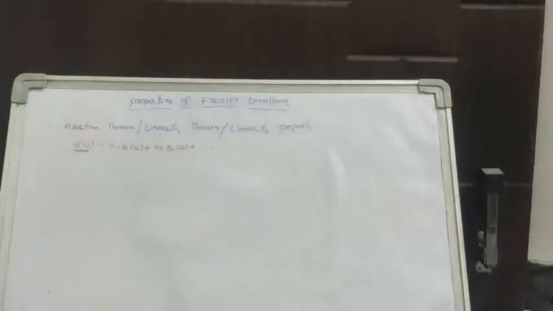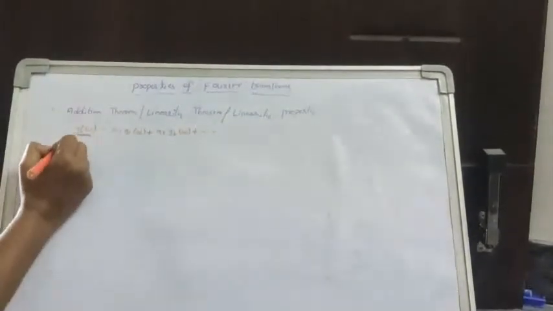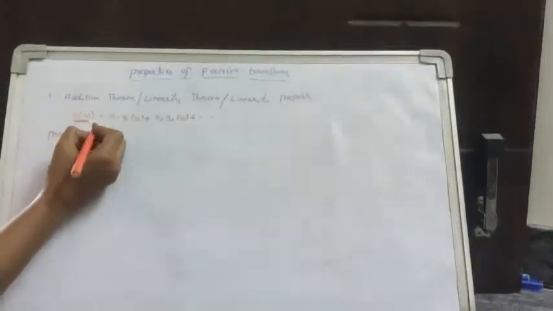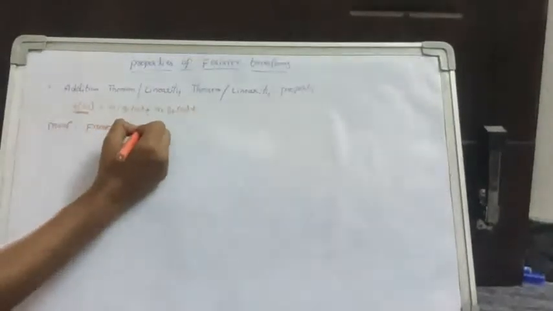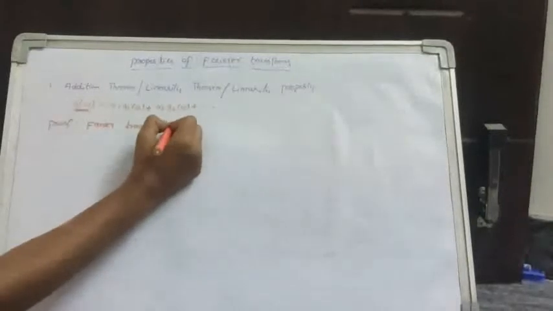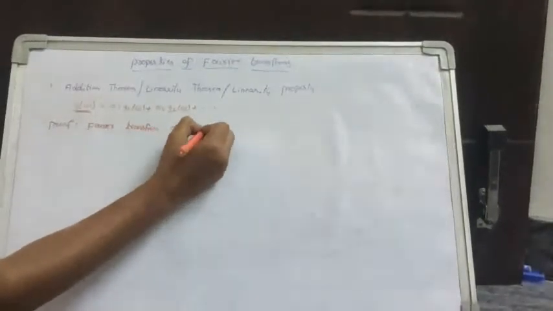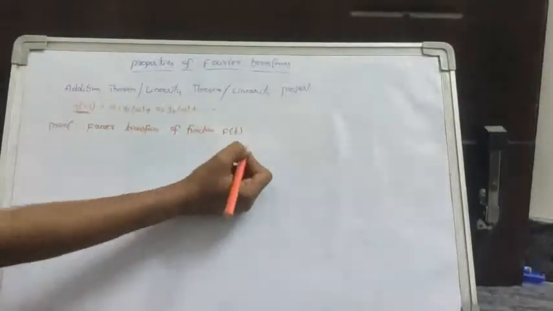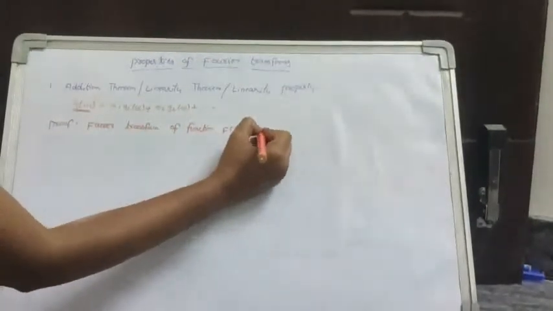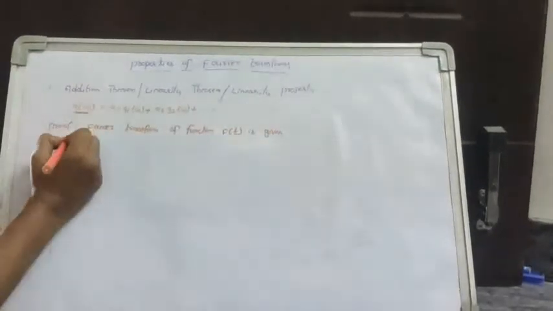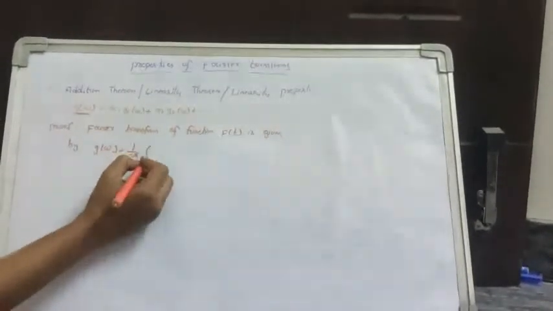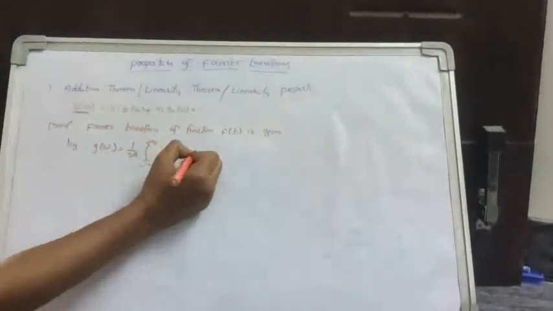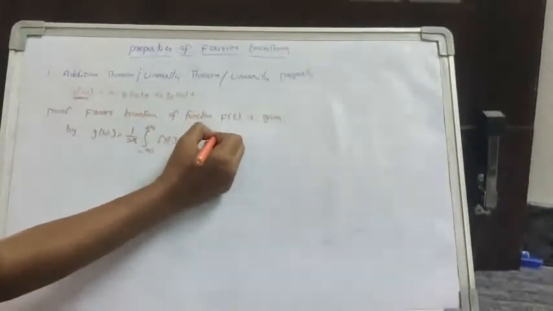To prove this, first consider the Fourier transform of function f of t, given by g of omega is equal to 1 by root 2 pi integral from minus infinity to plus infinity f of t e power minus i omega t dt.